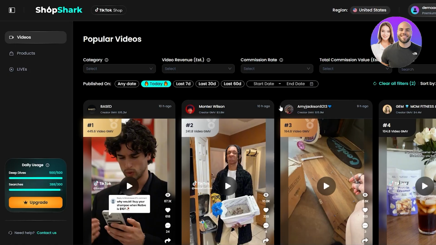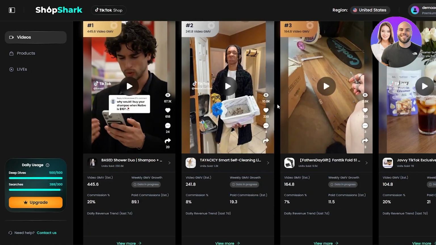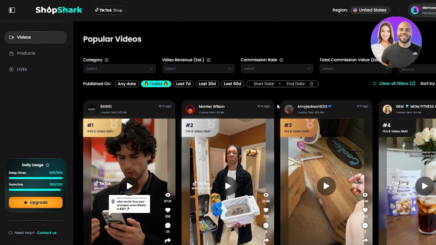If you're completely new, some of these numbers might look intimidating at first, but don't worry. Some of these metrics are actually pretty simple once you understand what they mean. The goal is not to stare at charts pretending to be a Wall Street analyst. The goal is simply to identify products gaining momentum.